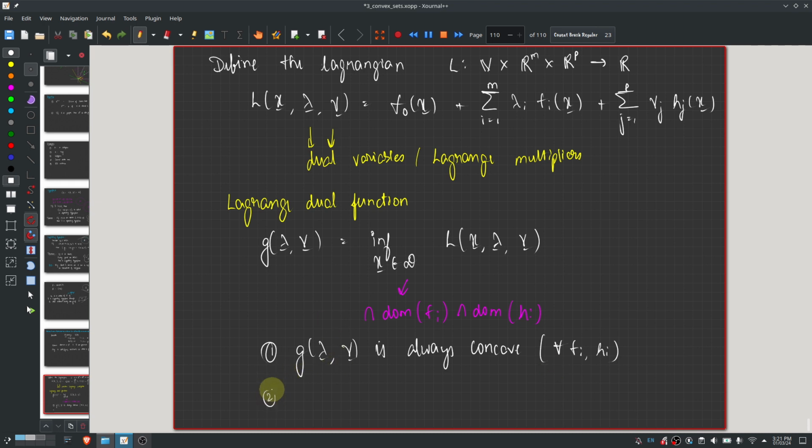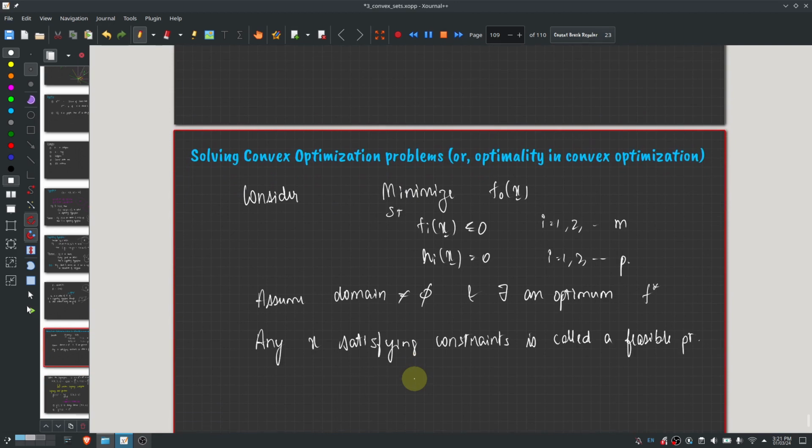The second point, which we'll see in a little bit: g of lambda comma nu will always be less than or equal to f star, the constrained minimum of the function. Recall that f star is the optimal value for this given constrained optimization.